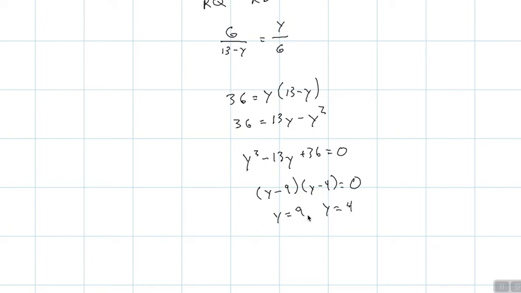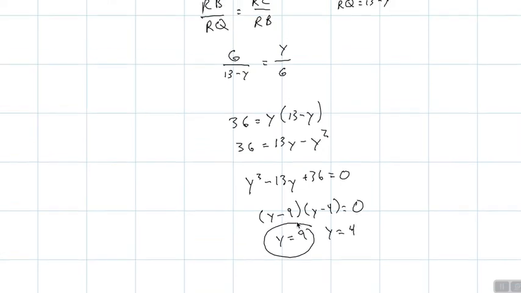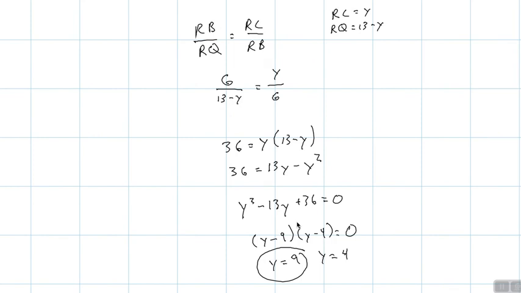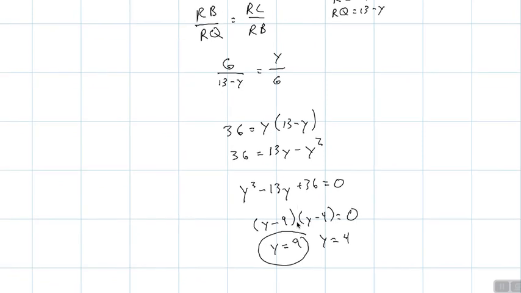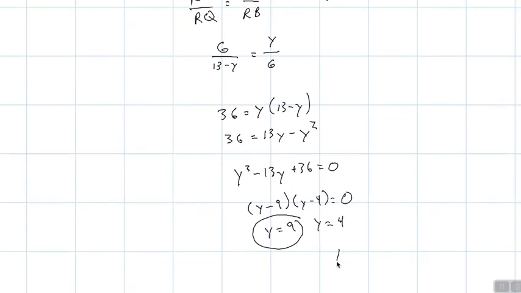Obviously, it just has to be one of these, and it's going to be y equals 9. So again, we defined RC as y. The reason why it's 9 is because we can clearly see that RC is greater than RQ. And if y would be equal to 4, then we would have RQ being greater than RC, which is not true. So y equals 9.